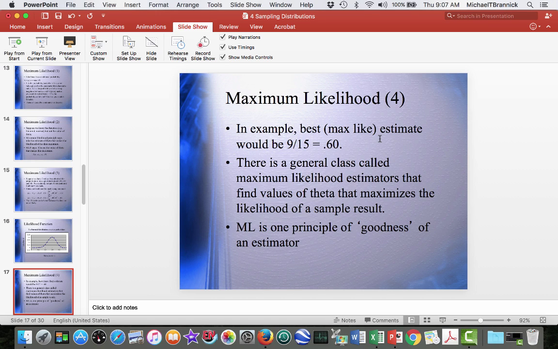So you should know maximum likelihood is one of the principles of goodness that statisticians like. There's a general class of maximum likelihood estimators, and they find values of theta that maximize the likelihood of the sample result. So there's one principle of statistics.